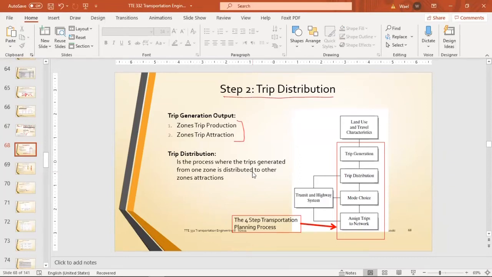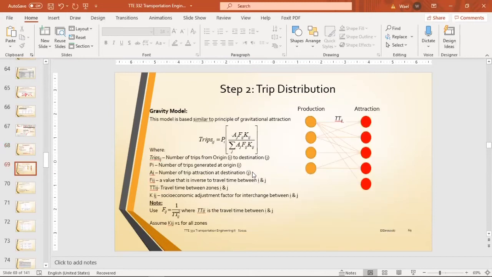That's our goal. How can we do that? Basically, this is the problem. These are the productions, and these are the attractions. And we need to know how many trips generated from one production will go to the different destinations. So for the OD matrix, how trips are distributed.